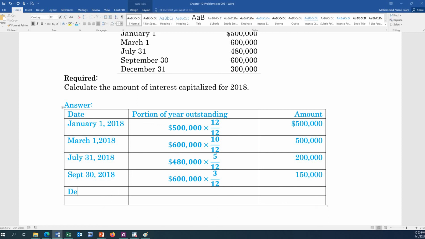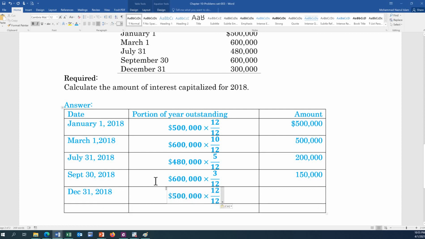And we have the other one on December 31, 2018. We did not use this amount for a single day in 2018, so that is why we will be using 0. So the amount is 0. So our total would be equal to 1,350,000.